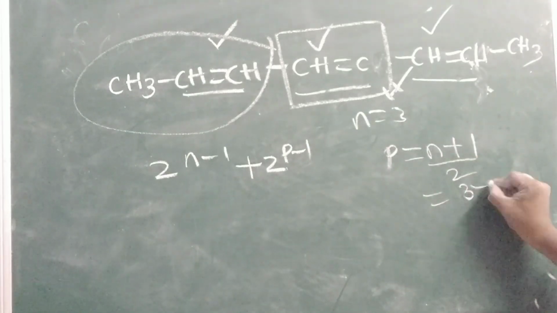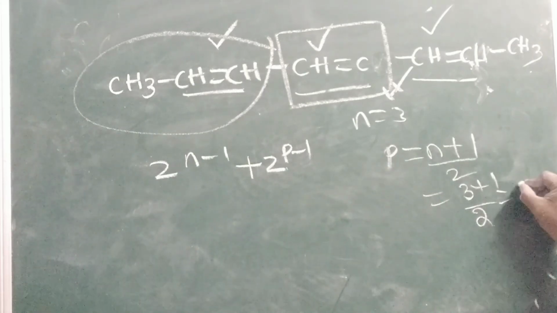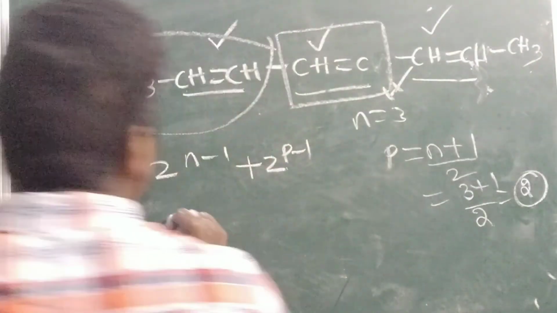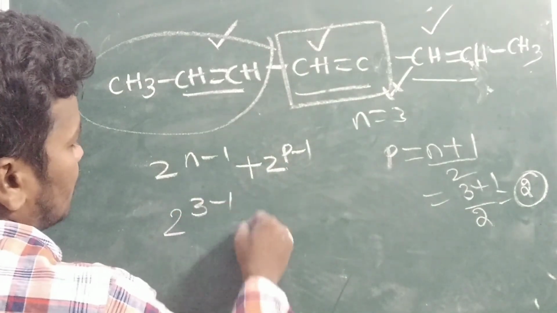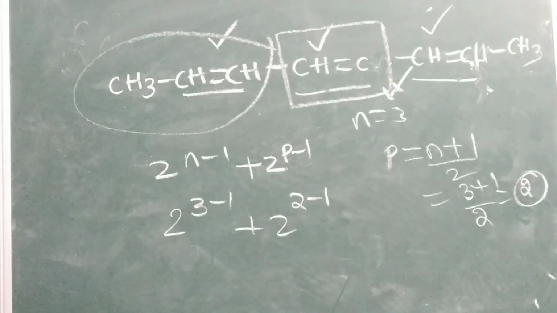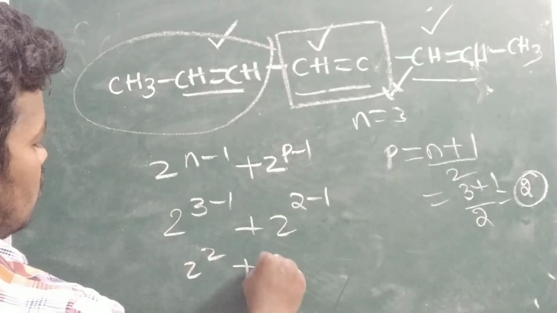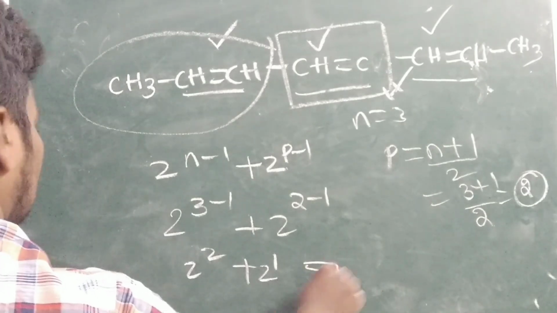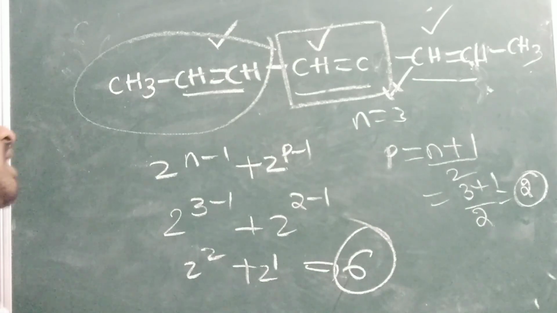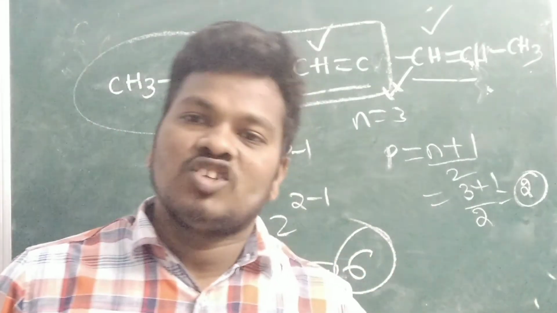That means what? 3 plus 1 by 2 is equal 2. So now 2 power 3 minus 1 is equal 2 power 2, plus 2 power 1, is equal 6. 6 geometrical isomers. Like this you can check how many geometrical isomers.